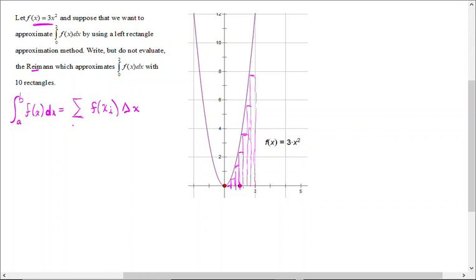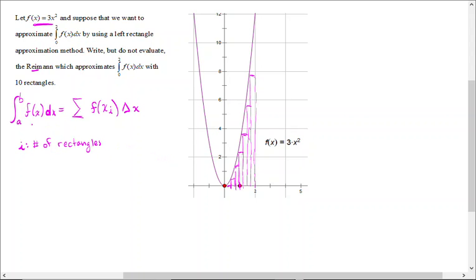And typically I represents the number of rectangles, or the number on the rectangle.